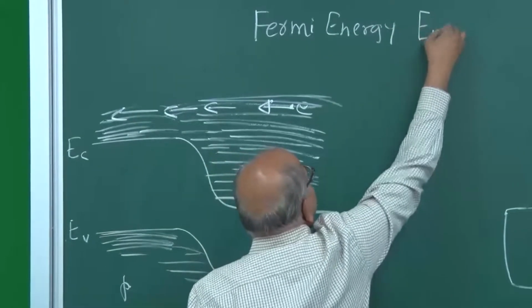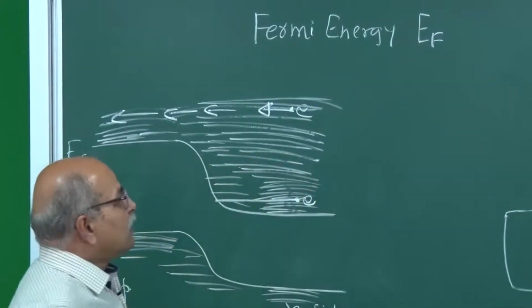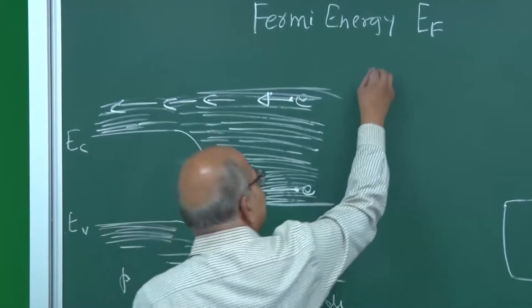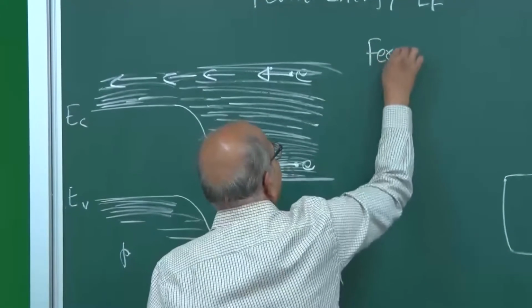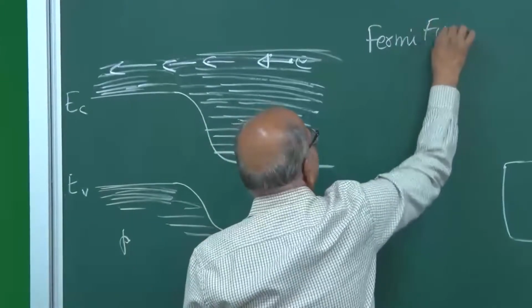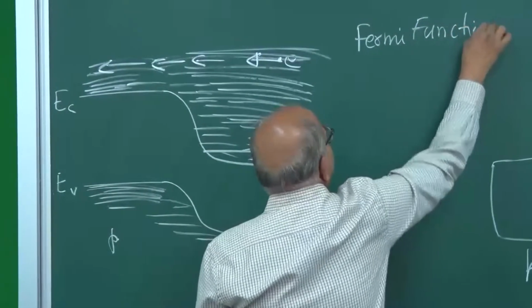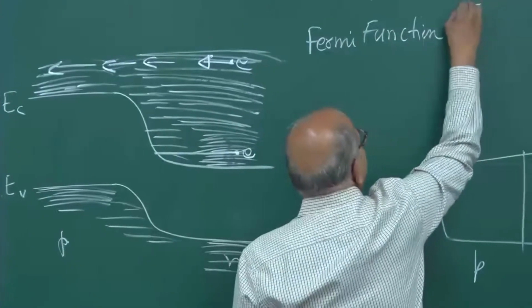Written as EF. So I will write a function which is known as the Fermi function, and then I will tell why I am writing this and what its significance is.